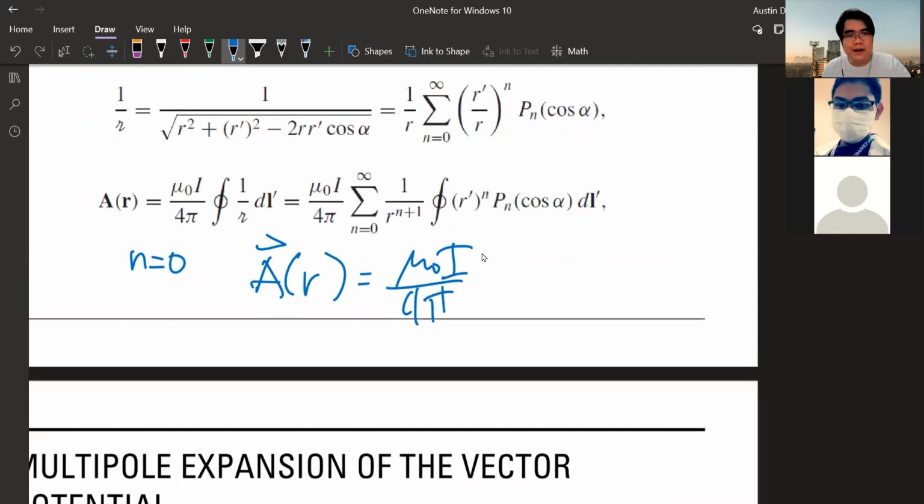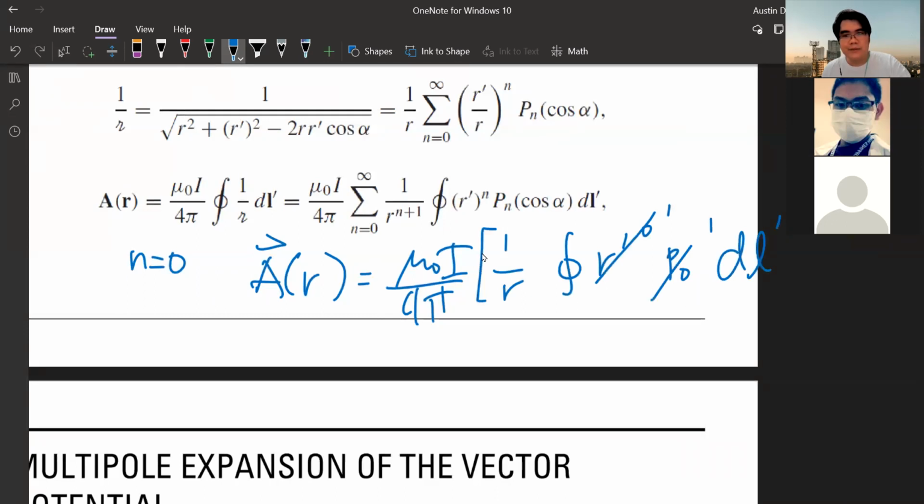4 pi, and then 1 over r. Tapos, this is r prime raised to 0, which is 1. Tapos, P0 is just 1, dl prime. Okay? So, what is the closed integral of dl prime? 0.